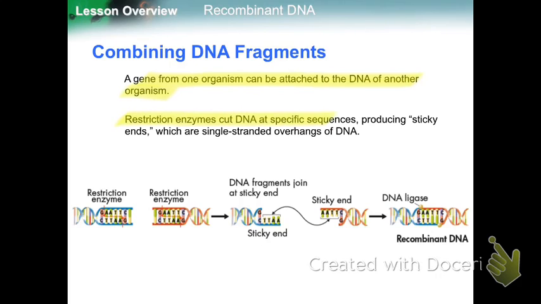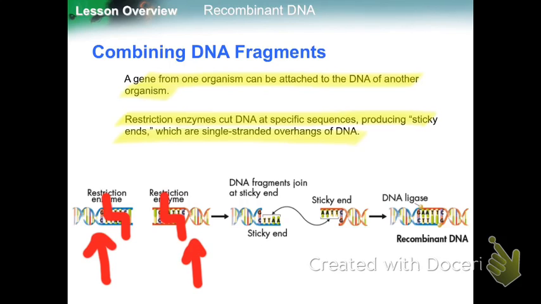Restriction enzymes cut DNA at specific sequences, leaving sticky ends, just like we've seen before. So the same restriction enzyme is used for two different types of DNA here. We have the blue DNA from one organism and the red DNA from another organism. Now these sticky ends will match together.